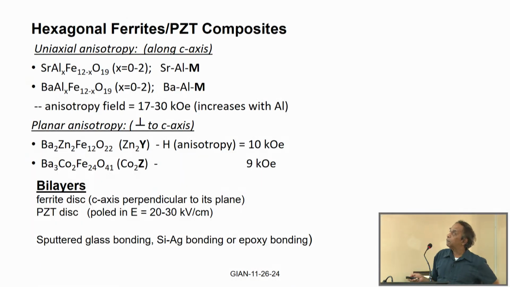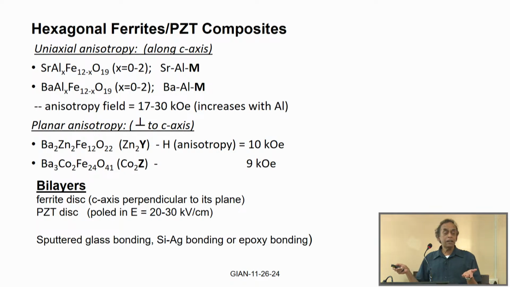Okay. So, there are several types of hexagonal ferrites, both M, Z and Y types. They have unique orientation for the anisotropy field. Some are along the hexagonal axis and some are perpendicular to it. So, the easy axis is the C axis, and those with easy C-plane anisotropy, such as zinc 2Y and cobalt 2Z, they have much lower anisotropy.